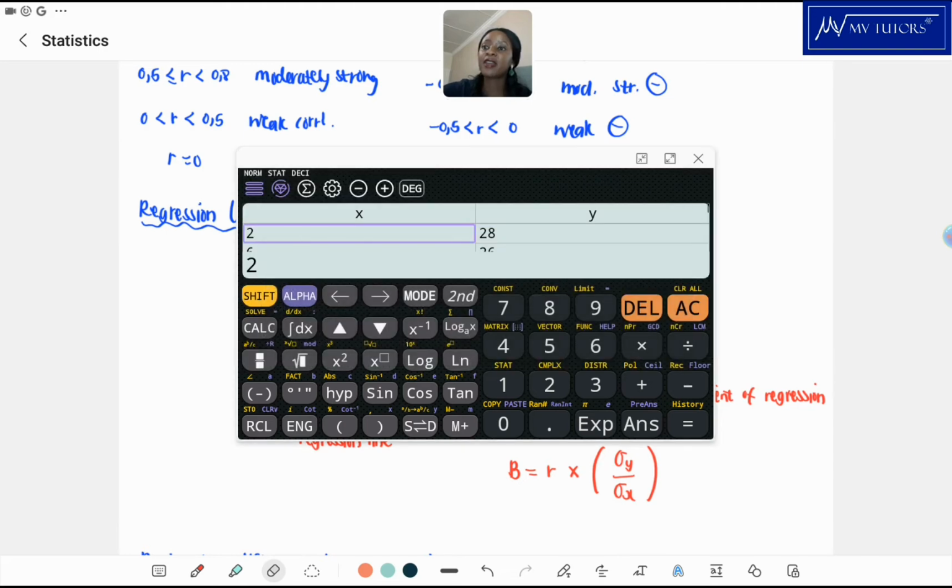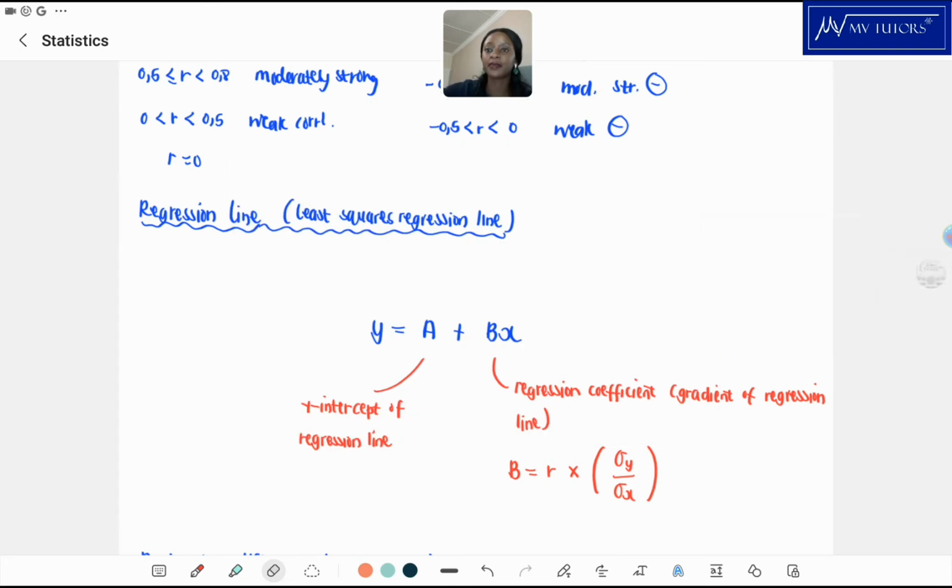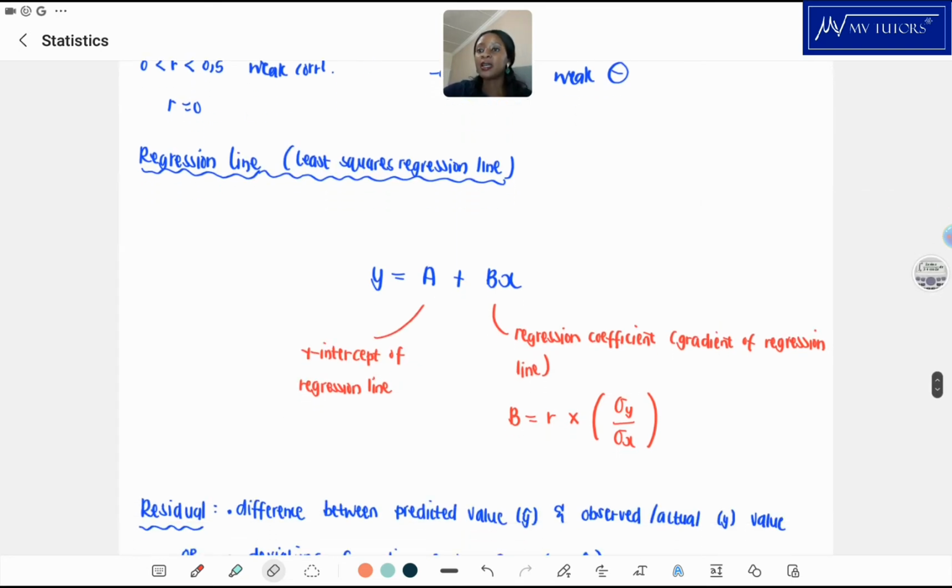I hope you see that you have A plus BX. You can plot your data on the X side and on the Y side. All right, so yes, the A would represent the y-intercept of the regression line, and B, that would be the gradient of the regression line. Okay, so that is the regression coefficient.